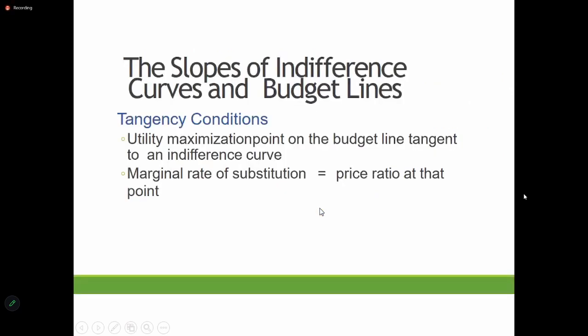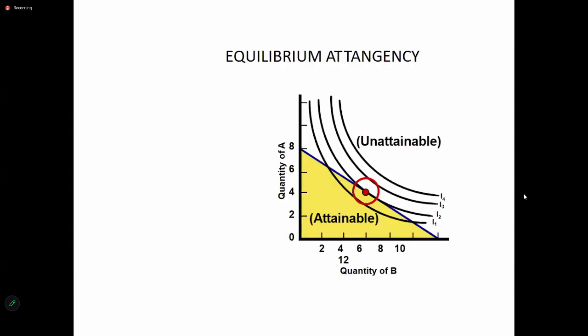When you consider the slopes of the indifference curves and budget lines that we explained now, you should clearly remember, as I explained earlier, that the marginal rate of substitution should equal the price ratio at that point.